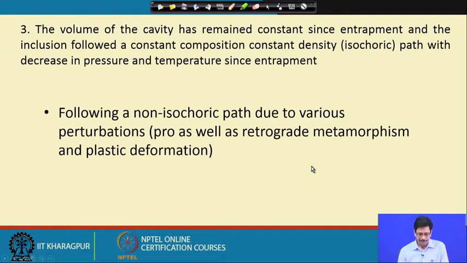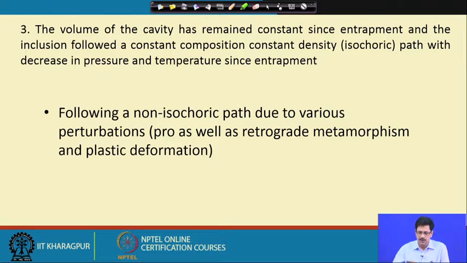This is also a very important assumption, that the volume of the cavity has remained constant since the entrapment, and the inclusion followed a constant composition, constant density, isochoric path with decrease in pressure and temperature since the entrapment. This is also valid in the majority of the cases, as we will shortly be discussing.